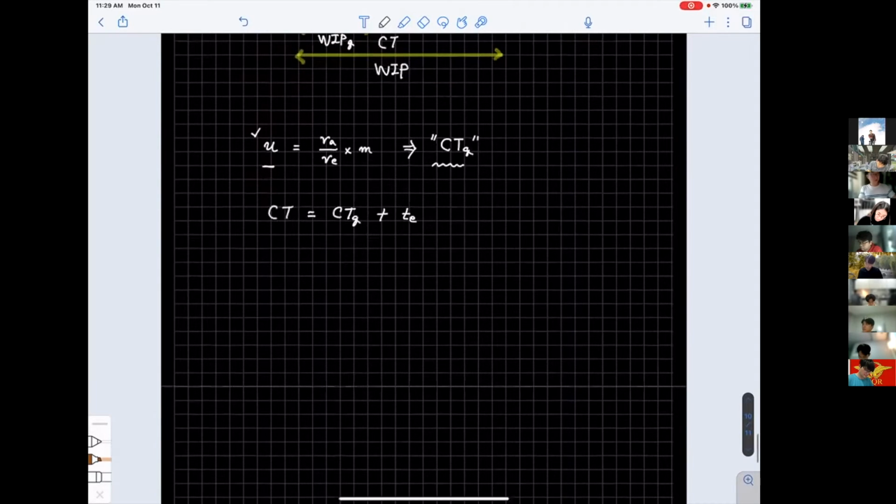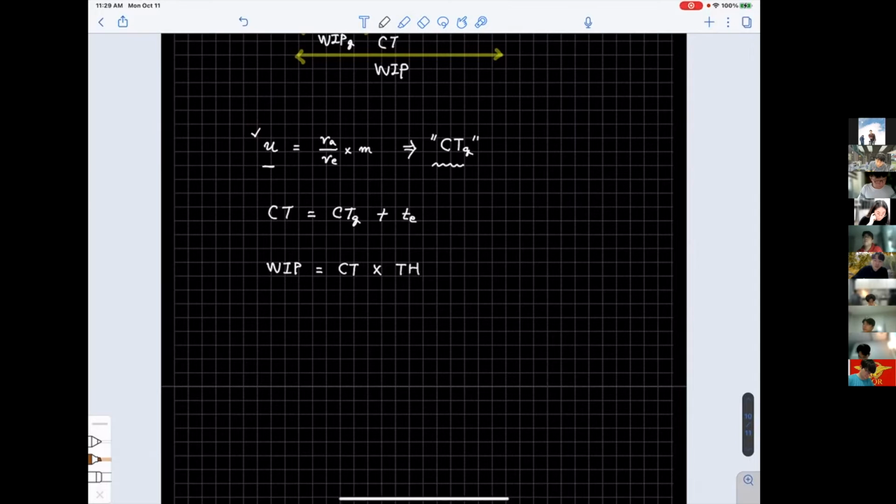And also, if we calculate this CT, then after this, we can calculate the WIP by use of Little's law. Little's law is WIP is equal to the multiplication of CT and throughput.